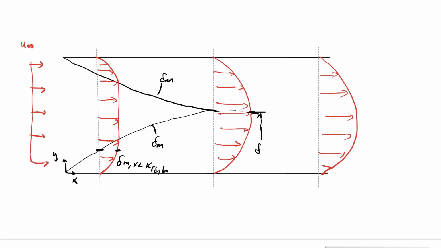This length here is delta M at x FDH. And same thing there, this is x FDH in that position. The main things to realize are that overall mass flow is conserved. You're not losing mass anywhere from the pipe, but you get a change in the velocity profile as you go. It's pretty straightforward.